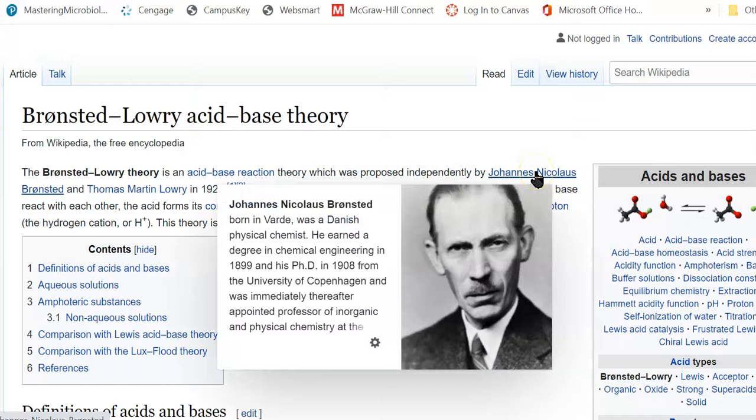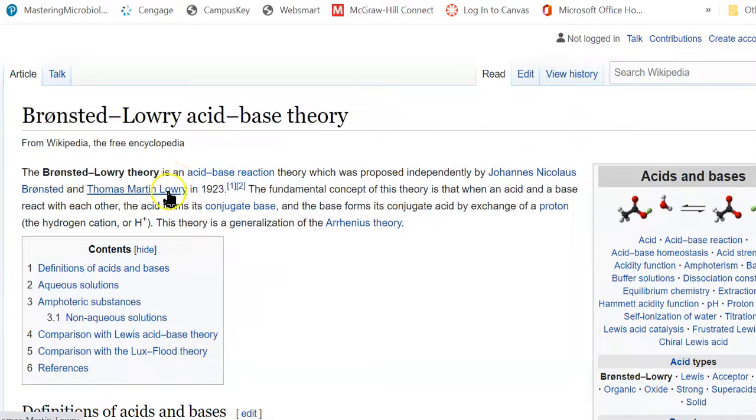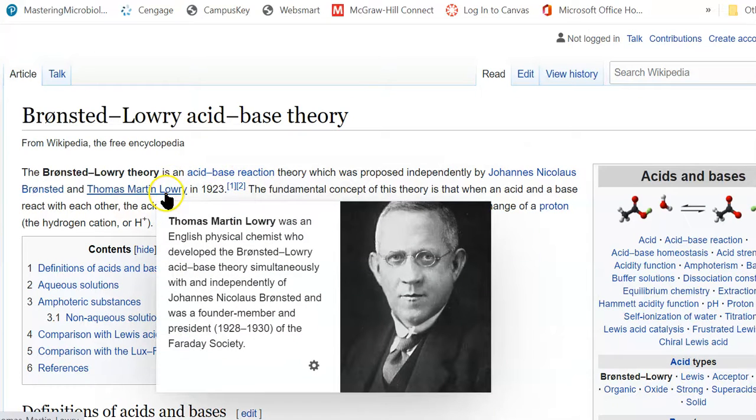I'm not up on my Danish, and I'm not sure what the little slash mark through the O does to the pronunciation. I think it might make it more of a Brunstead, but I'm not sure. Anyway, so Bronsted and Lowry, who was an English physical chemist.